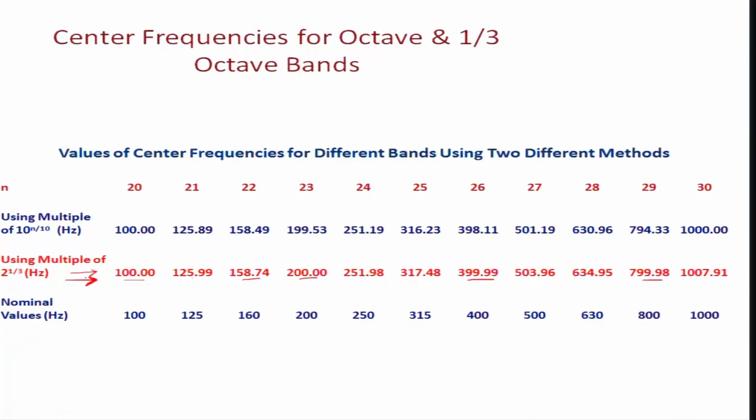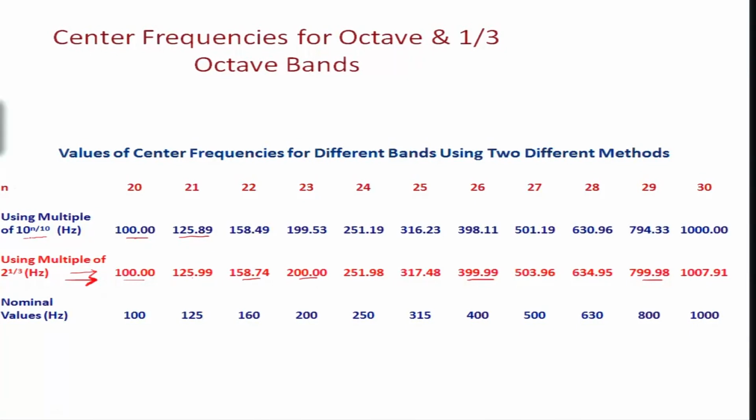Now, let us do the mathematics in a slightly different way. We start with 100 and multiply it by 10 to the power of n by 10, and in this case n is 20. If you do this math, you get 125.89.